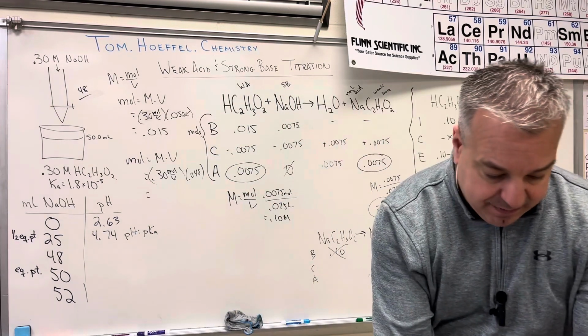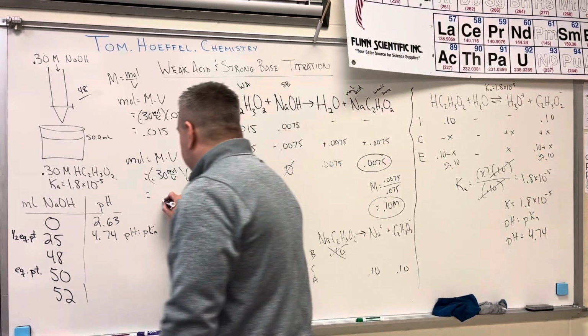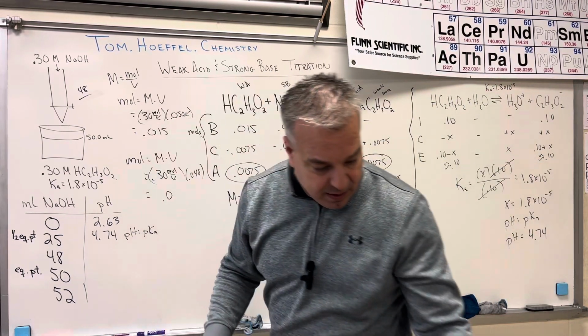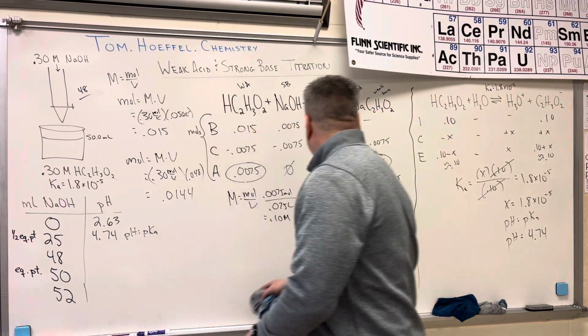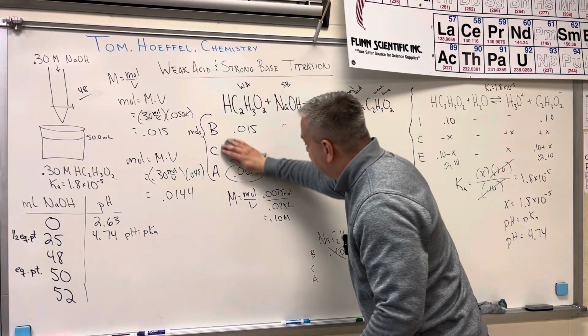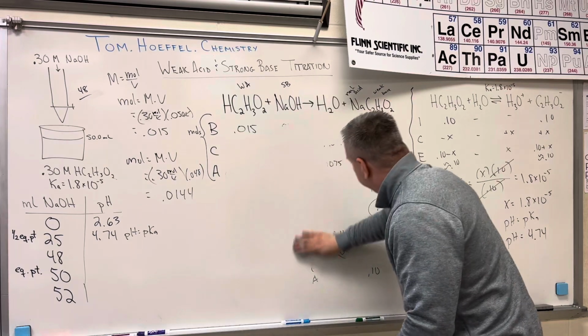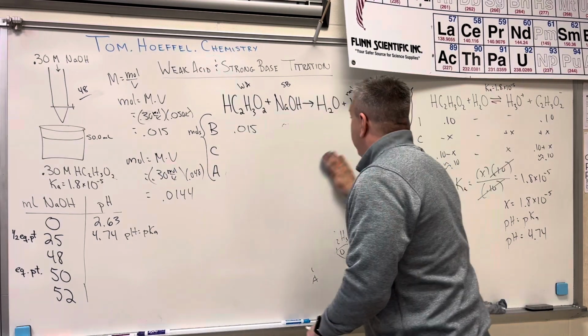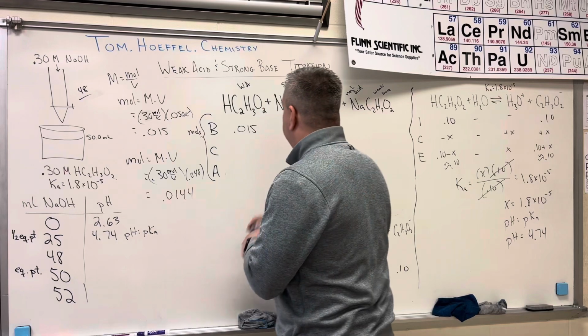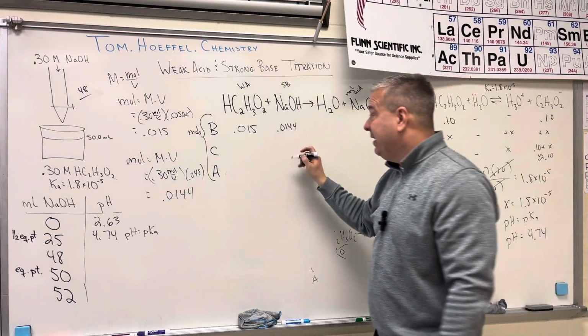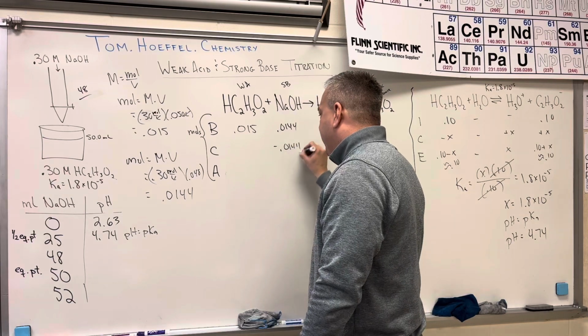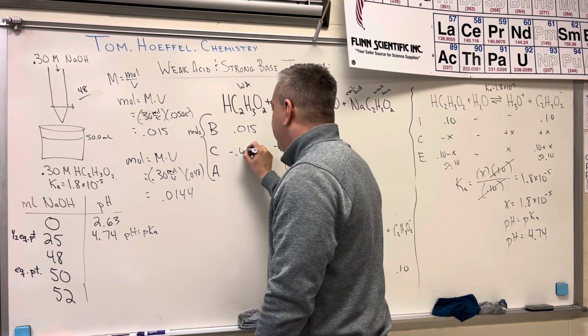And when you do that, you're going to find out that the moles is 0.0144. So I'm going to come up here to my BCA and do some erasing. And I'm going to put in 0.0144 right here. Now, this is still the limiting reactant. All of it's going to go away. There's not going to be anything left.